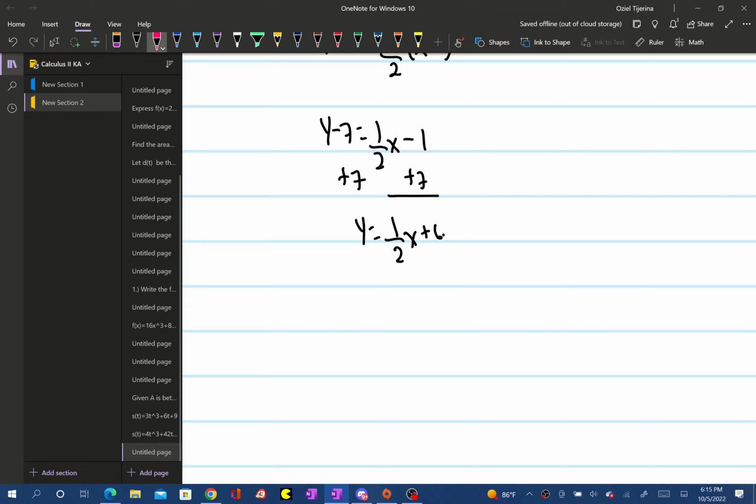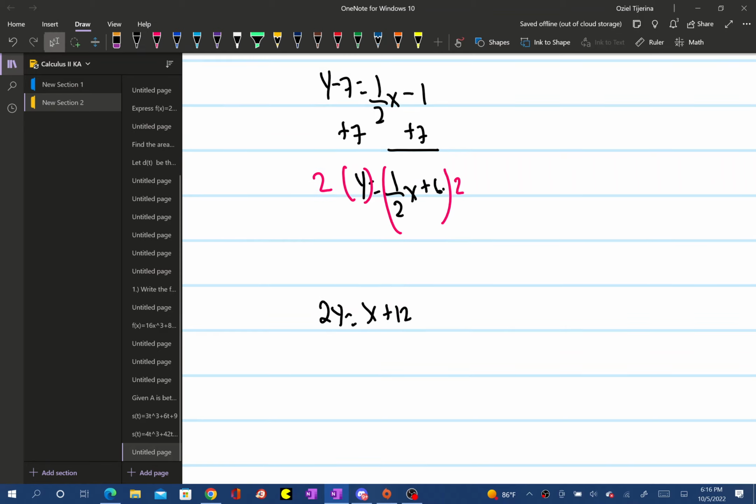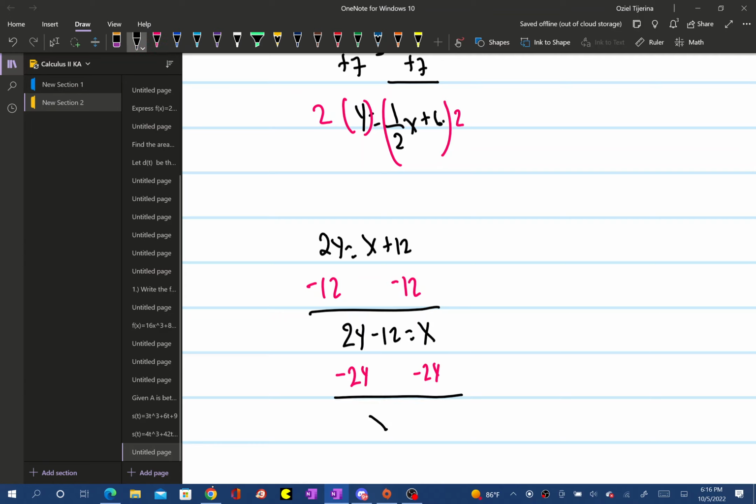And if I do 2y equals x plus 12, right? You can subtract 12, so 2y minus 12 equals x, so then, no, minus 2y, and say that x minus 2y equals negative 12.